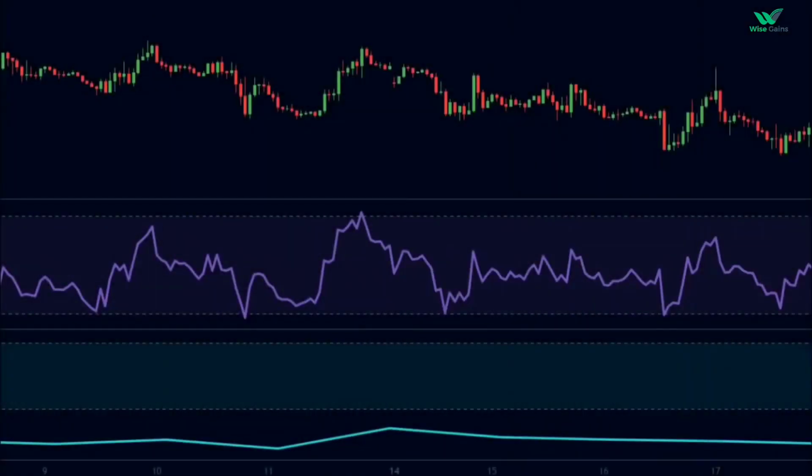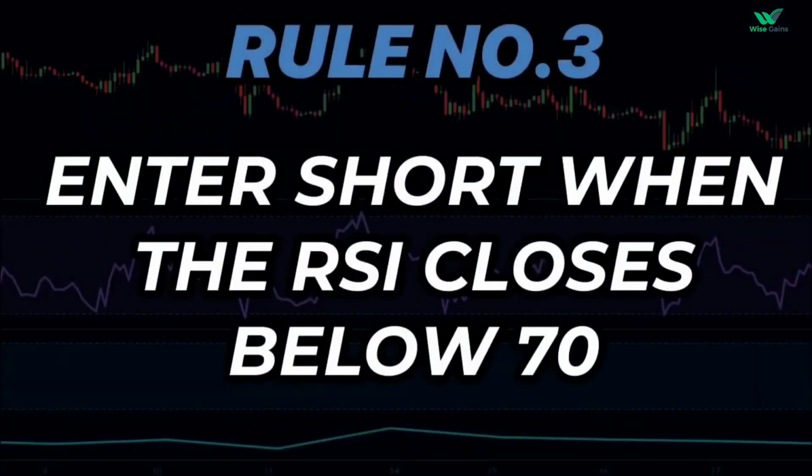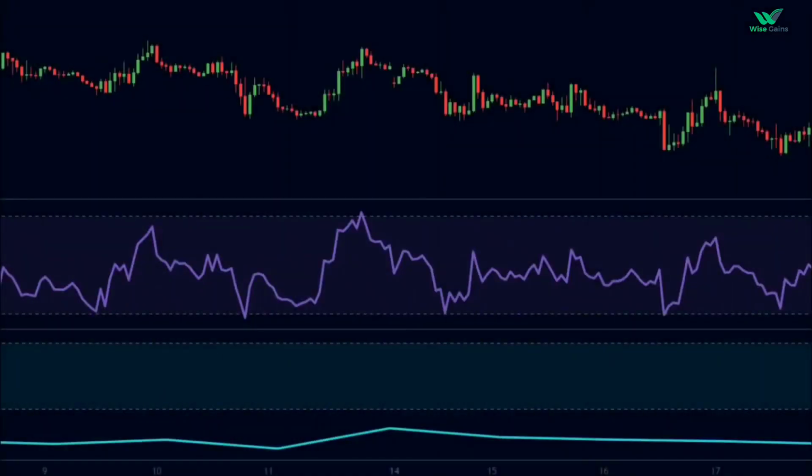When the current time frame RSI goes above 70, it provides a great opportunity to enter a short trade in the long-term downtrend. So we'll look to sell when the RSI is above 70. Rule number 3. Enter short when the RSI closes below the 70 level. We will enter the sell position when the RSI closes below the 70 level on the chart.